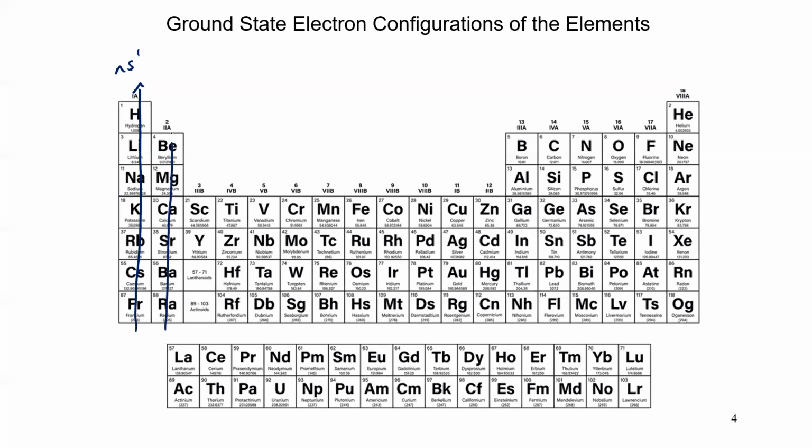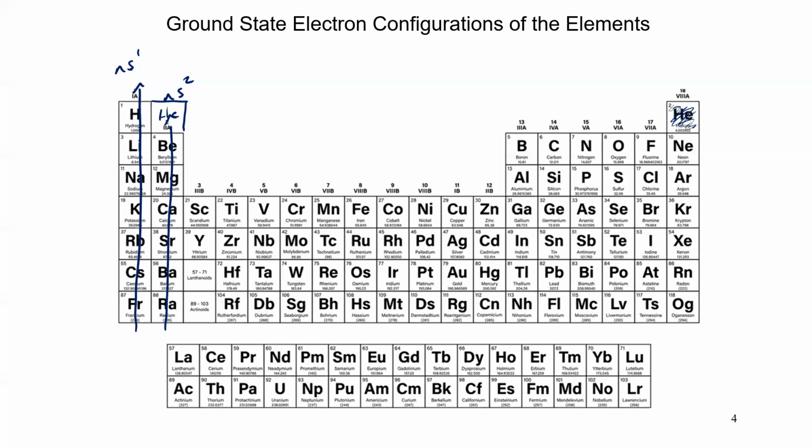This whole group ends with s2, again, the number of the period that they're in with two electrons in the s subshell. Now remember, helium belongs in this box, really. We put him over here because he's got a full subshell, so he behaves like the noble gases, but in terms of electron configuration, he doesn't really belong there.